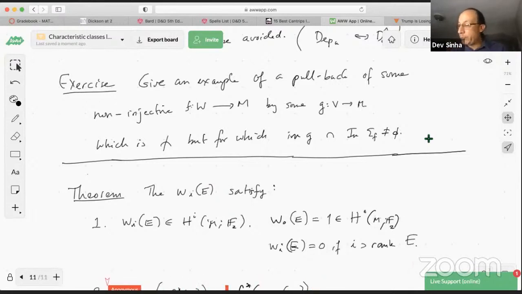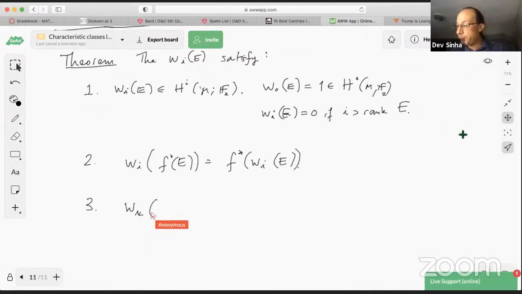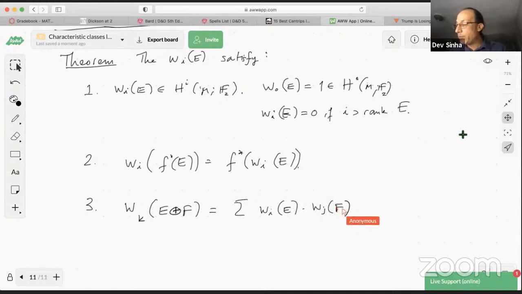Three is the most important axiom. If I have a direct sum, then there's a formula for the characteristic classes of the direct sum in terms of the characteristic classes of the individual bundles which made the direct sum.